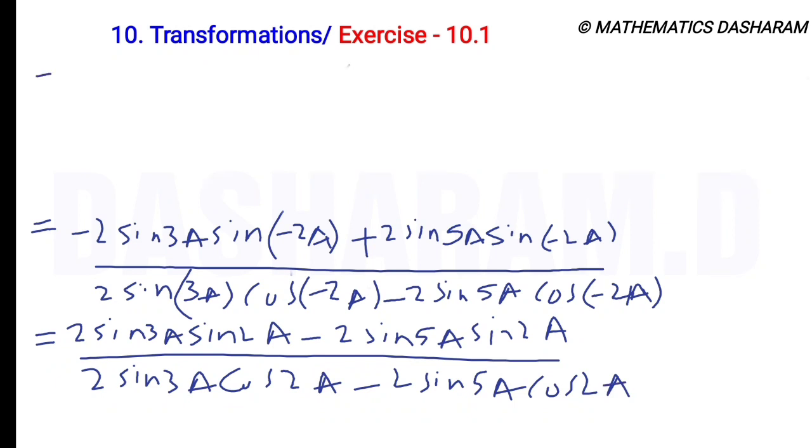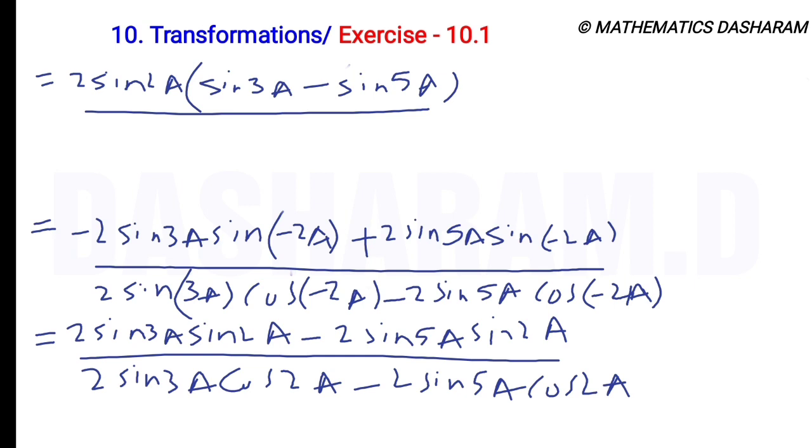So from the numerator we can take 2 sin 2a common, bracket sin 3a minus sin 5a. Divided by, from the denominator take 2 cos 2a common, so then sin 3a minus sin 5a.